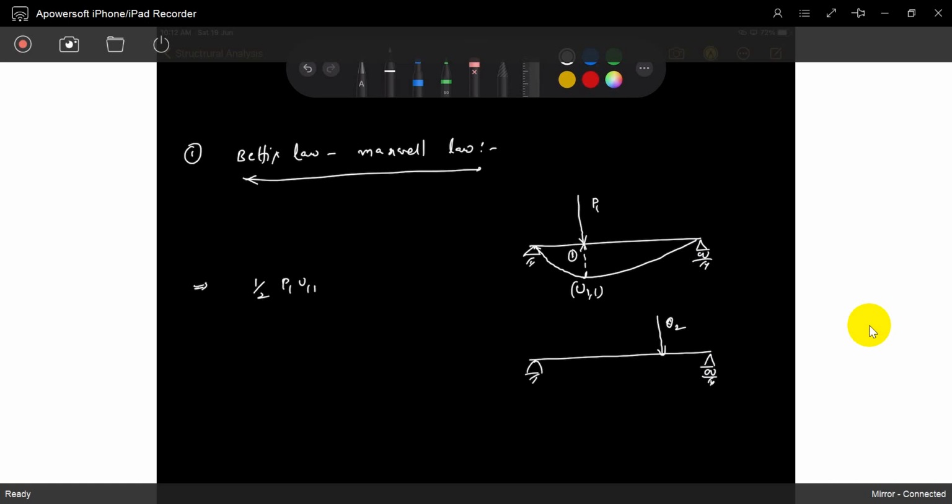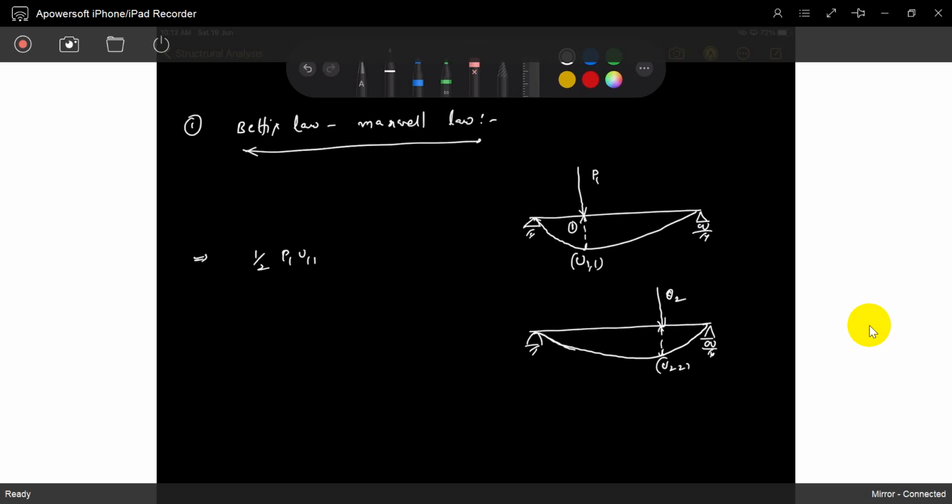So what is the work done? Half of Q2 into delta 22. These are the work done.